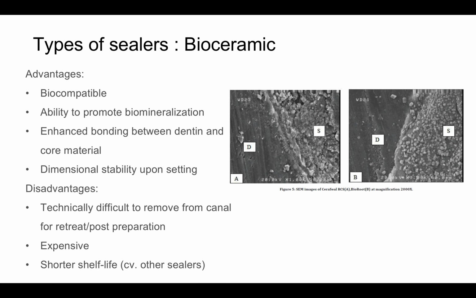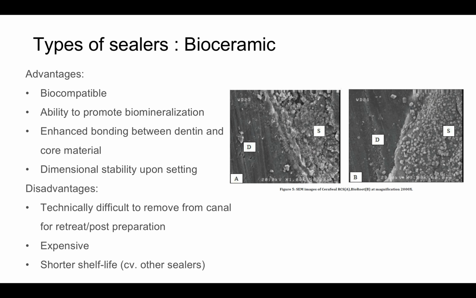So personally I think the best type of sealer is bioceramic sealers. The advantages are, first of all, it's biocompatible. It has the ability to promote biomineralization and it is osteoconductive. It has an enhanced bonding between dentin and core material, and of course, it is dimensionally stable upon setting.